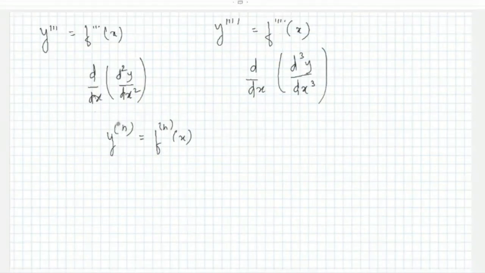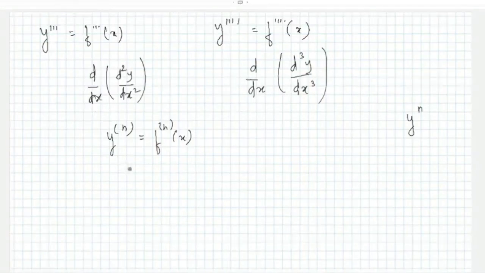Remember that you have to write this number in closed brackets, because if you write something like this, then you might get confused whether this is a power or a derivative. So when you are taking the nth order derivative, make sure that you put the number in brackets.